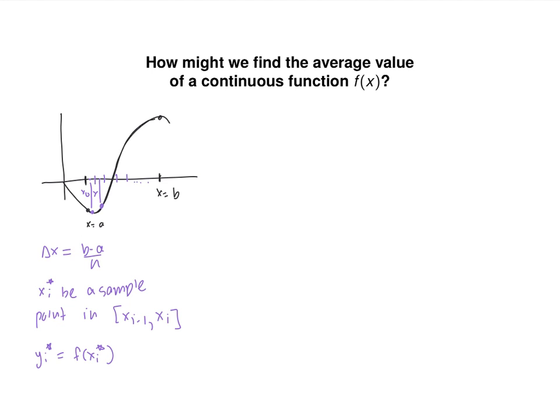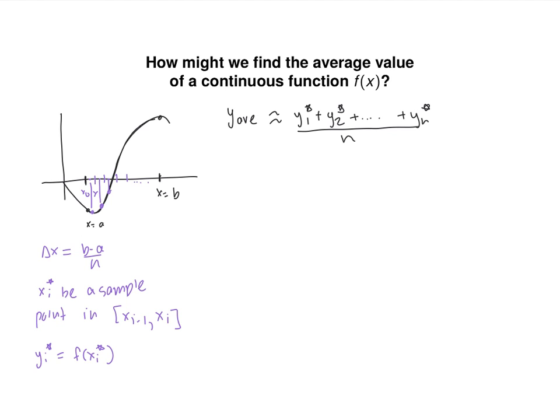Now to estimate the y value of the function over the interval, we could add up all the y values of these points and divide by how many. So in that case, the approximate value of y, I'm going to say y_av for average value of y, is going to be about equal to y1 star plus y2 star plus etc. plus yn star, divided by how many, which will be n.